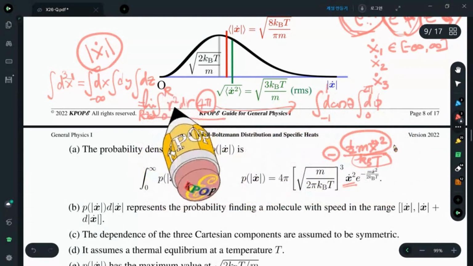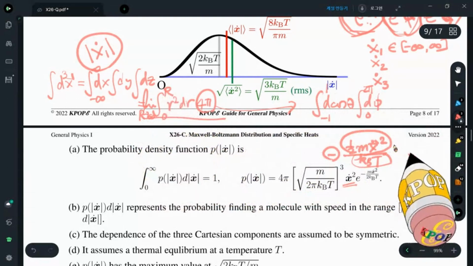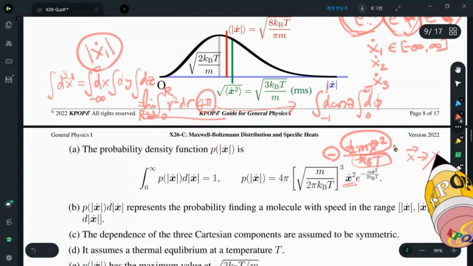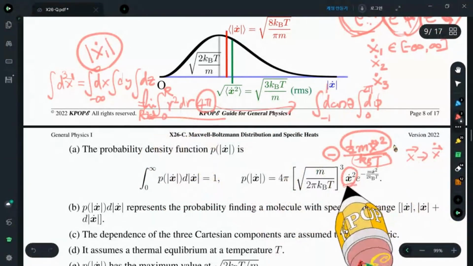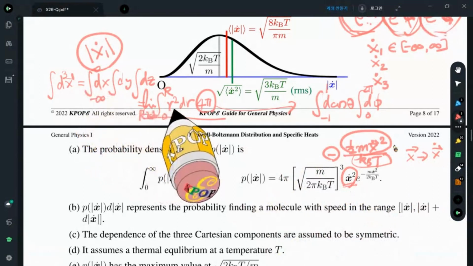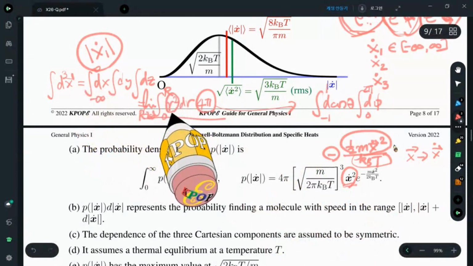So from this, we replace this x vector with the velocity vector. Then we have an additional velocity squared coming from this Jacobian.